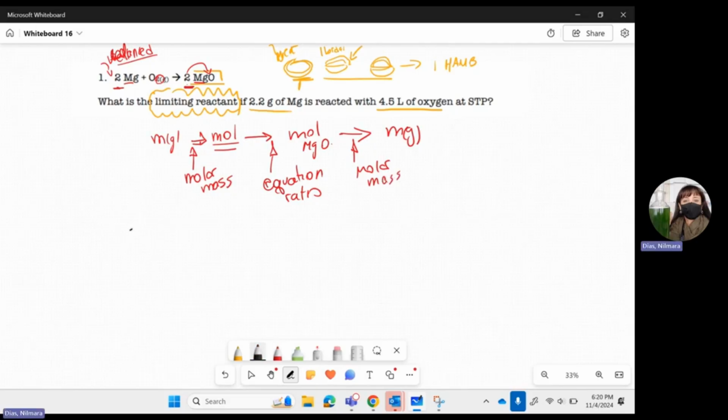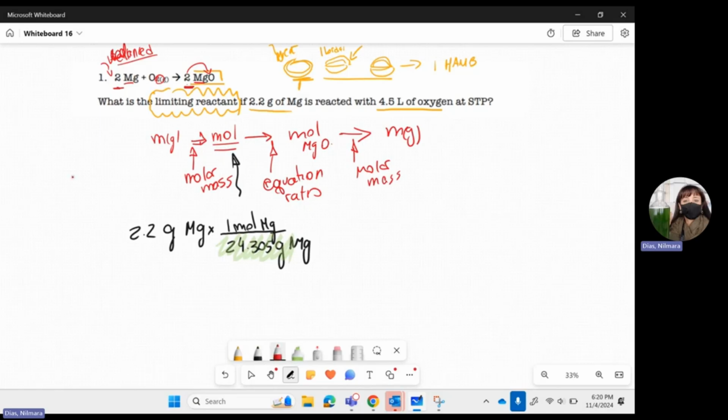So I have 2.2 grams of magnesium, and to convert this to moles, I know that 1 mole of magnesium has 24.305 grams of magnesium. Where did I get this value? This value comes from the periodic table.